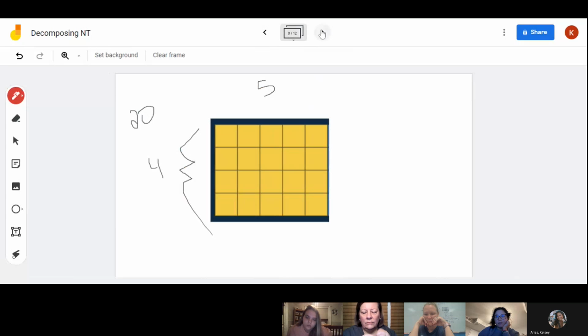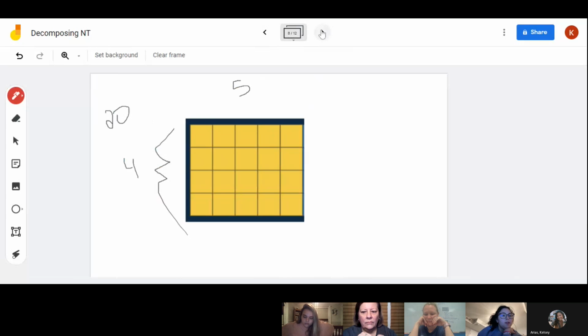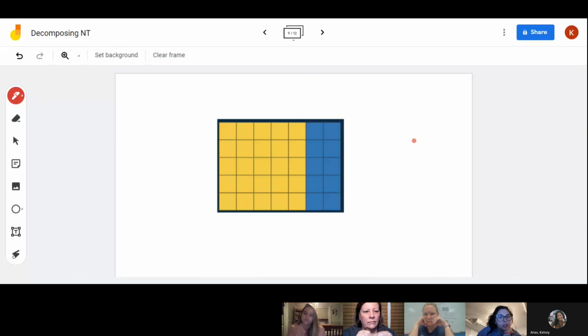Okay. Here's one of our last problems, one of our last blocks. So I'm going to give you some time to think about this one because this one's just pretty large.